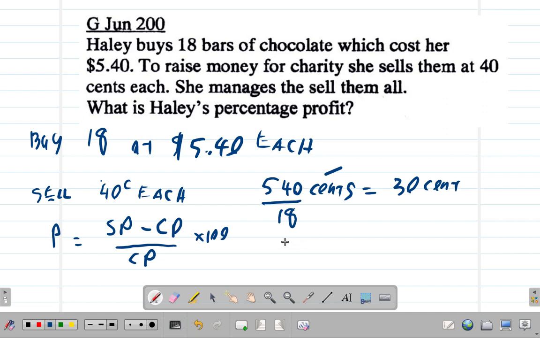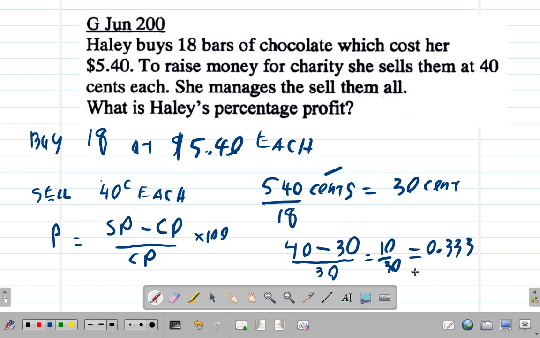Here, we have 40 selling price minus the cost price of 30 divided by the cost price of 30. That's going to be 40 minus 30 is 10 divided by 30, which is going to be 0.333.